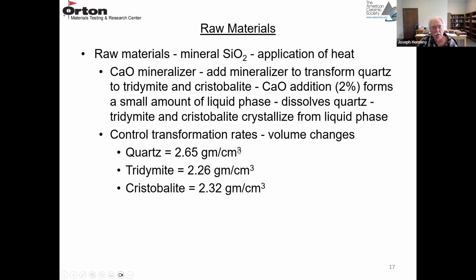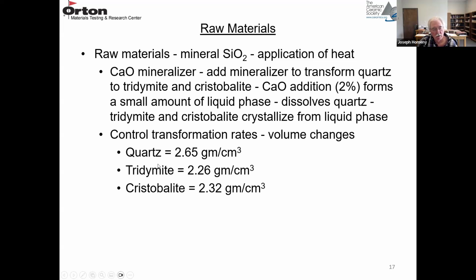So you're controlling these transformation rates with the addition of lime, and you're controlling the volume changes. Quartz has a density of 2.65, that's grams per cubic centimeter. Tridymite has a lower density, 2.26, and cristobalite has a lower density than quartz, 2.32.